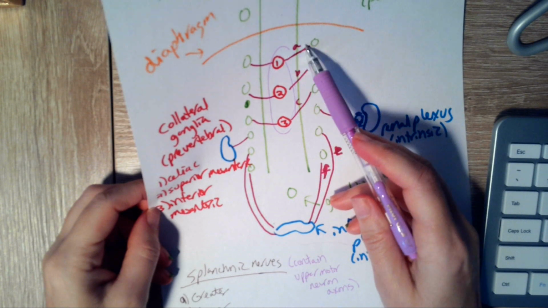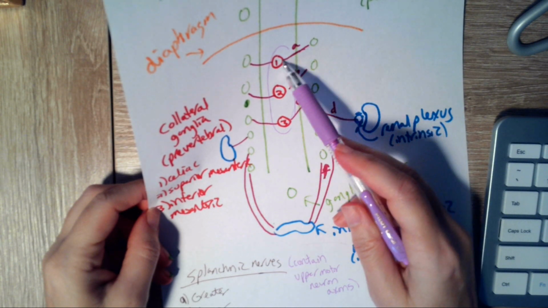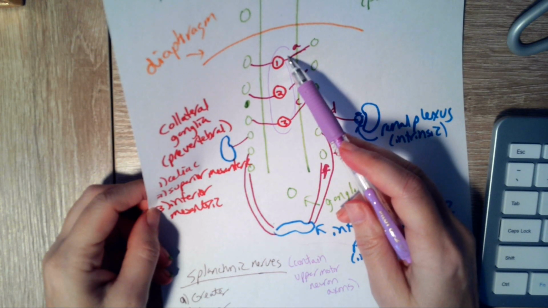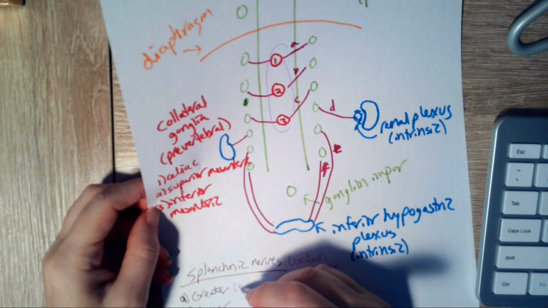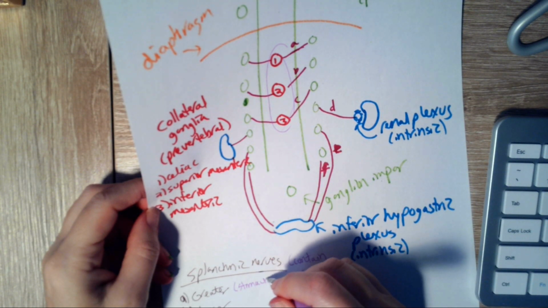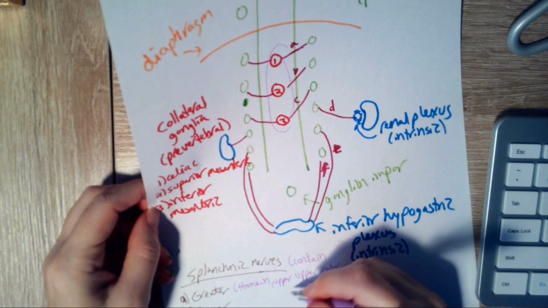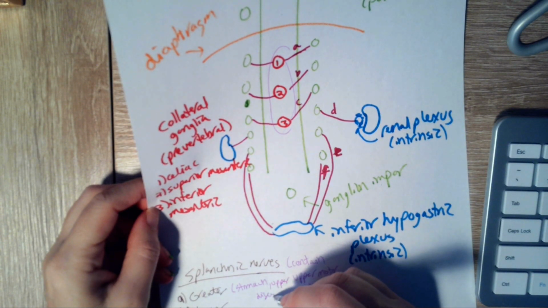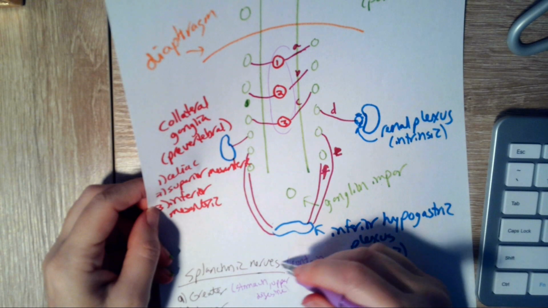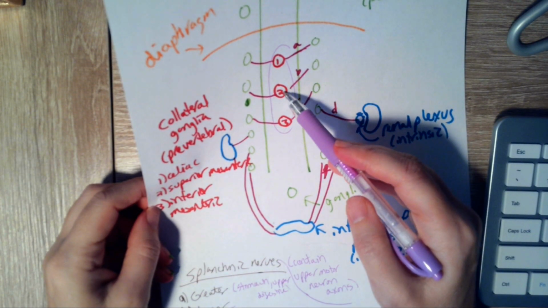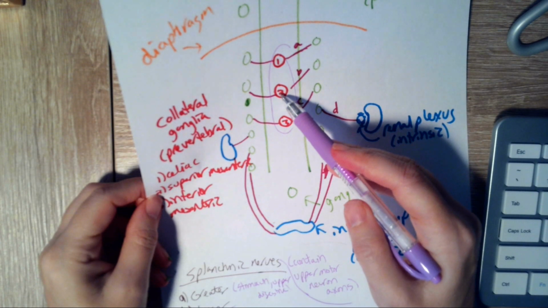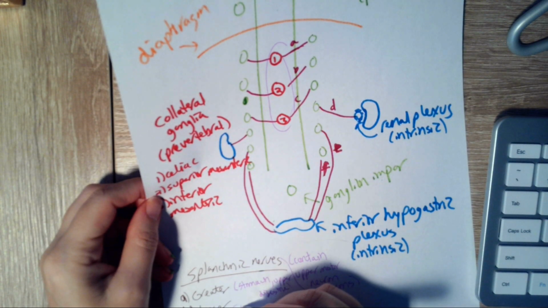Number 1, so we have our celiac ganglion. This is the greater splanchnic nerve going to the celiac ganglion. So this is dealing with like your stomach, upper digestive tract. This one, the second splanchnic nerve, it's going to the superior mesenteric ganglion, so small intestines.